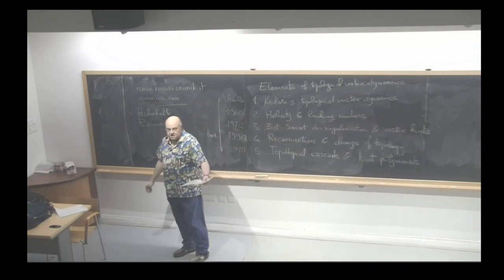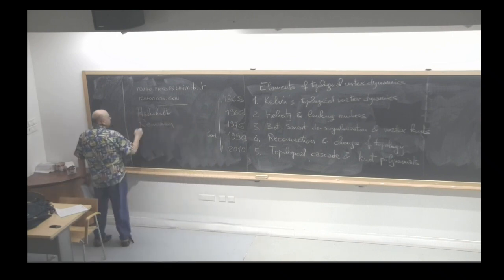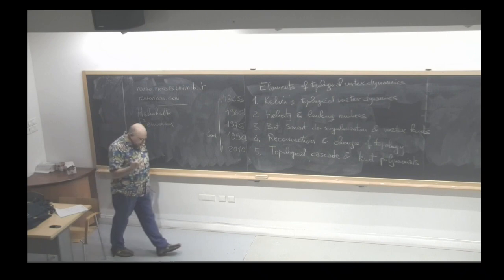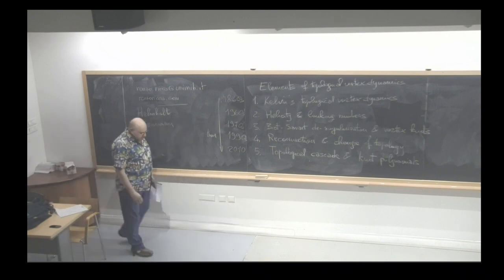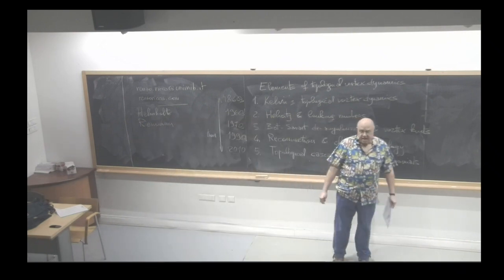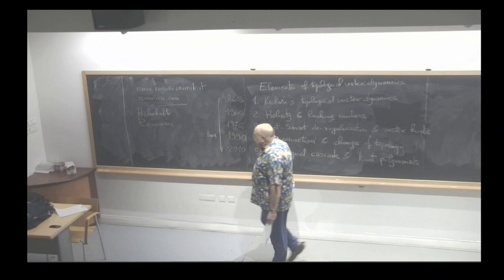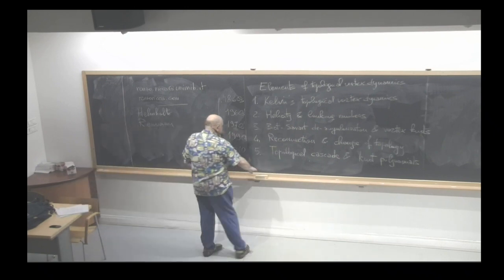Maybe Euler is more related to graph theory nowadays. Helmholtz has been so influential in many, many fields, and in vortex dynamics as well. So let me start from scratch, so to speak, and I'll tell you something about this.